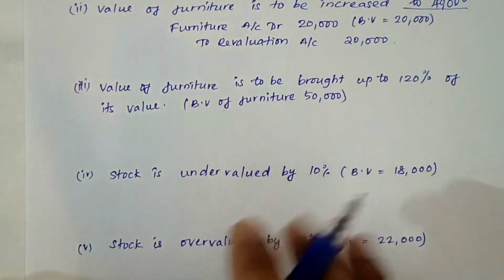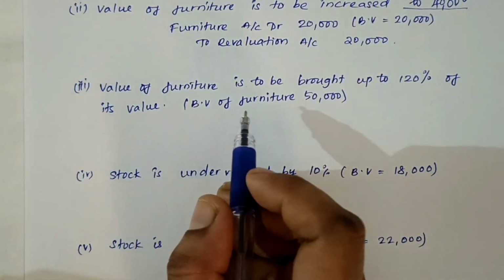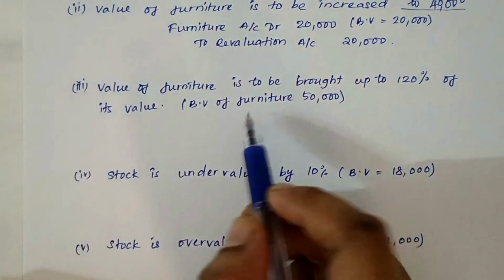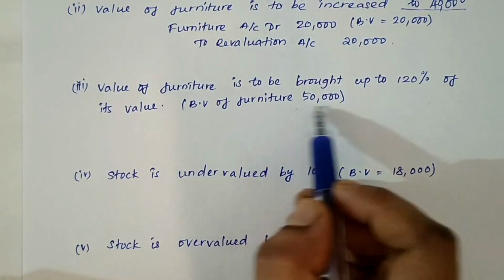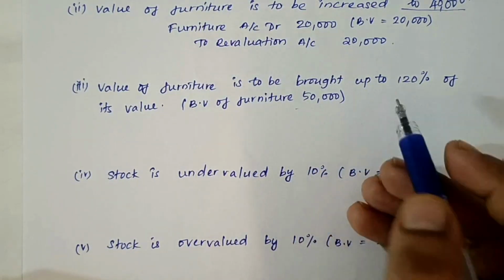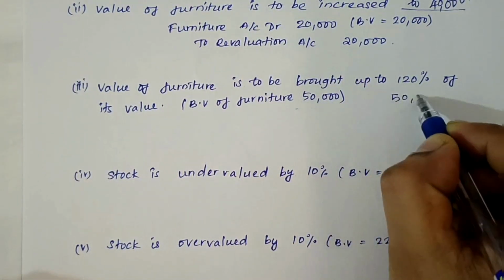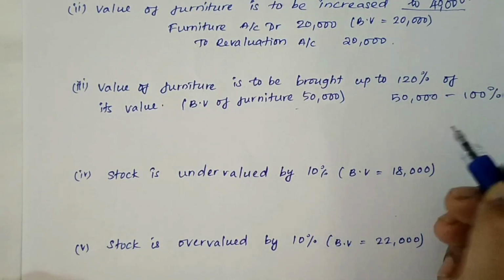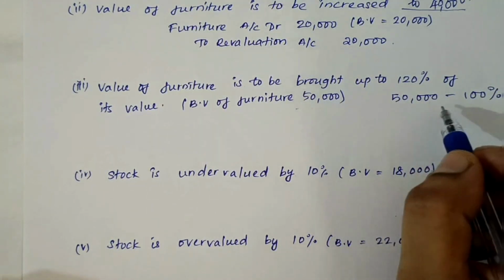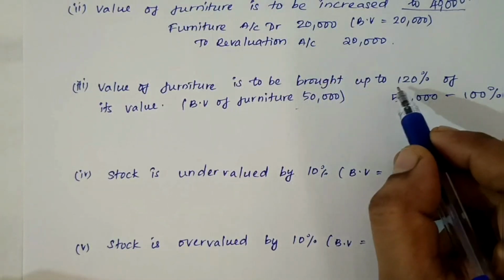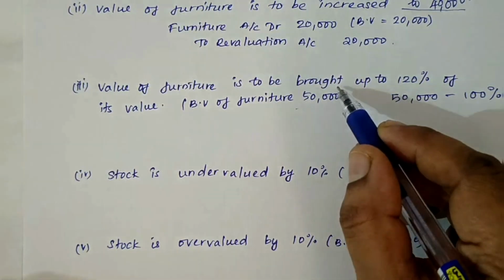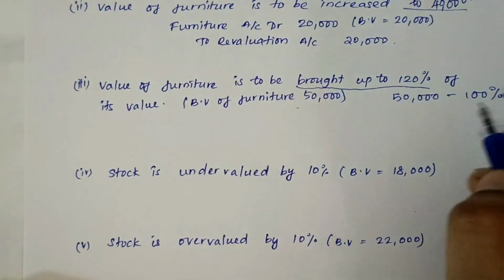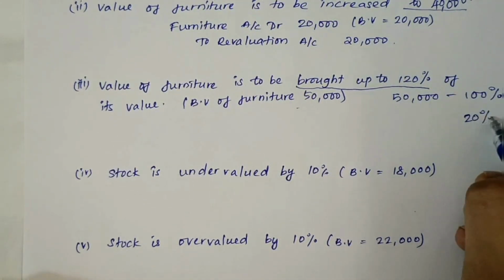Now the third one: value of furniture is to be brought up to 120% of its value. The book value of furniture is 50,000, which means 50,000 is 100% value. It has to be increased to 120%, which means there should be an increase of 20%.